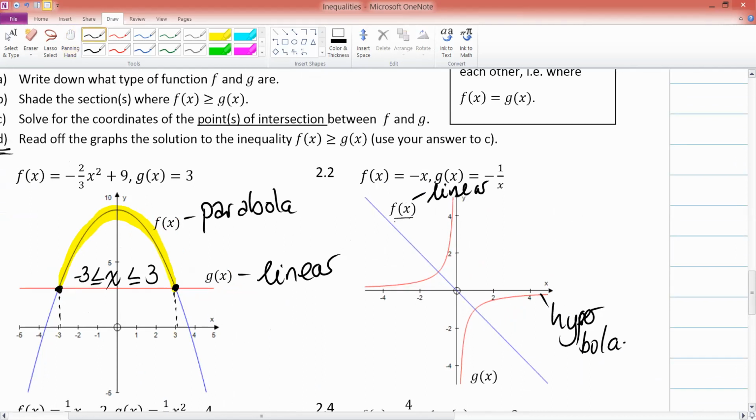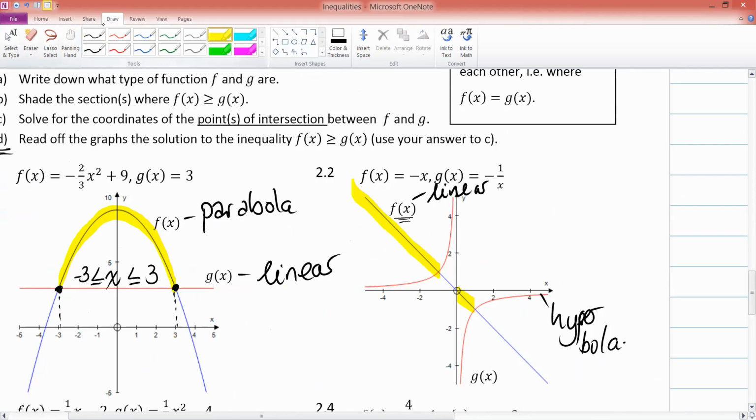Because that's your f of x, right? Where's your linear graph strictly above the red graph? It's going to be strictly above from there to there. There's also another portion where it's strictly above, there to there.